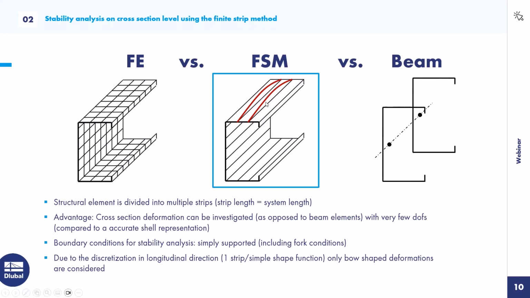And the finite strip method is some kind of intermediate accuracy solution where we divide the cross-section into multiple strips, and only one strip or element is used over the length of this member.